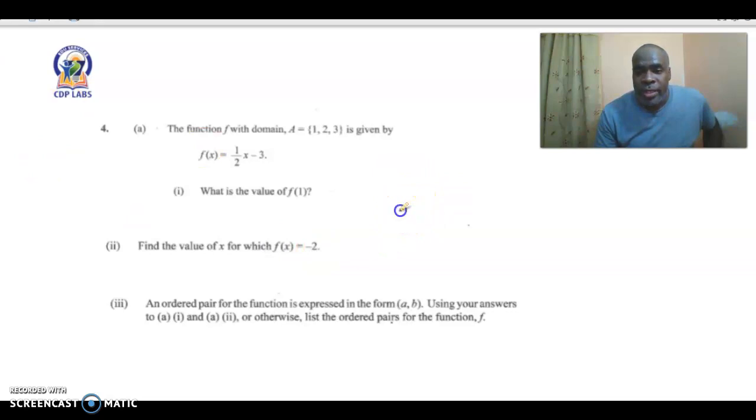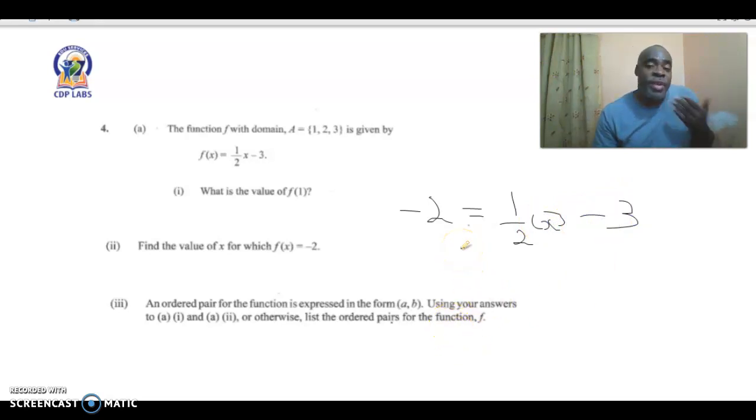So we write negative 2 equals half x minus 3. I like to rewrite it, so I'm going to say half x minus 3 is equal to negative 2.